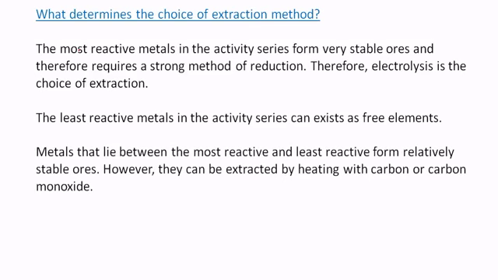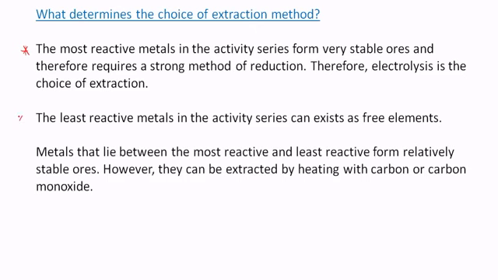So let's go back to what we were saying. What determines the choice of extraction? The most reactive metals in the reactivity series form very stable ores, and therefore require a strong method of reduction. Therefore, electrolysis is the choice of extraction.